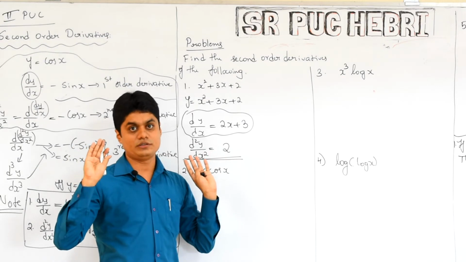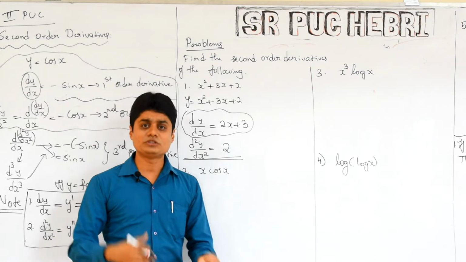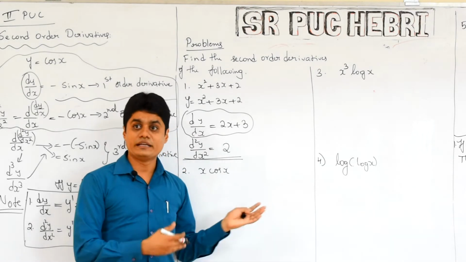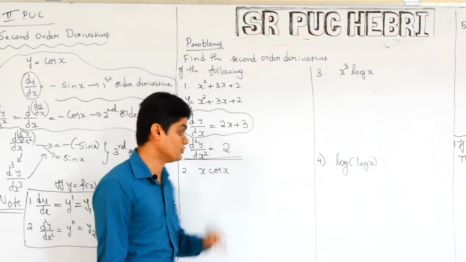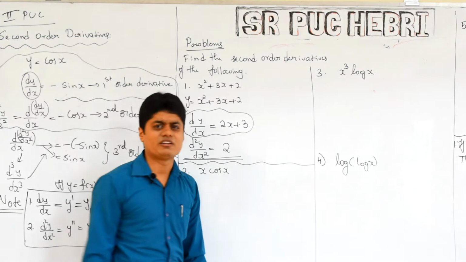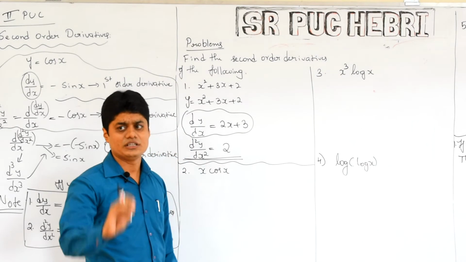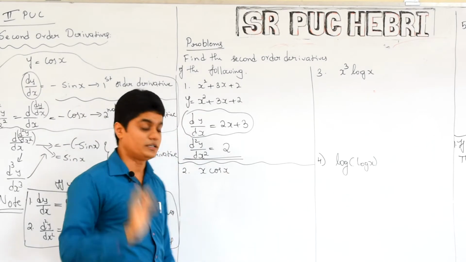Every time you will get either sin x or cos x, both are differentiable functions, so anytime you can differentiate. But this function is not differentiable for the 4th order. It is okay for you: 3rd order, 4th order is not required because it is not in the syllabus. You only require the second order derivative, so I wrote the heading only second order derivative.